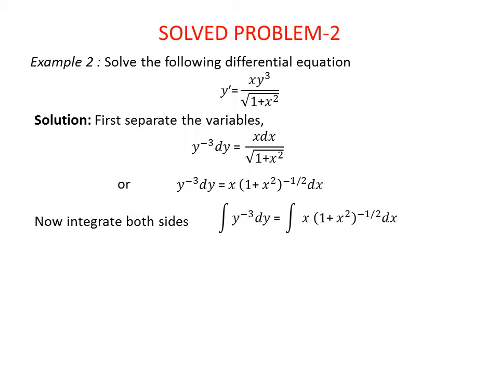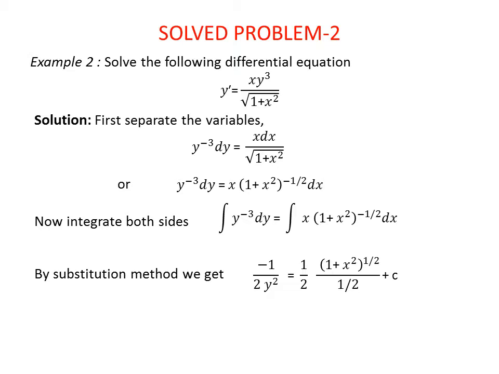Now integrate both sides. The integral of y to the power minus 3 dy is equal to the integral of x multiplied by 1 plus x square to the power minus half dx. By doing the substitution method, we take the integral of y to the power minus 3, and it becomes minus 1 by 2y square.